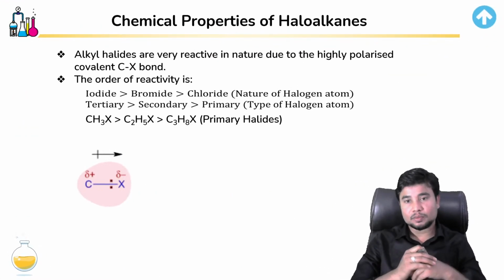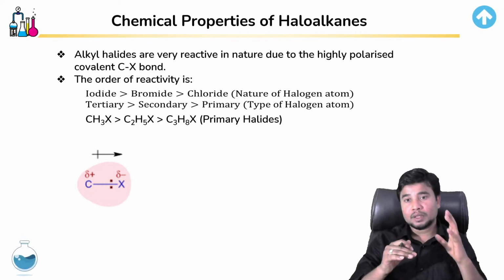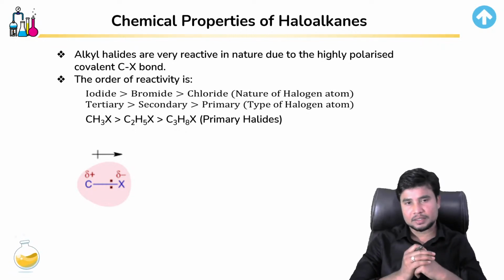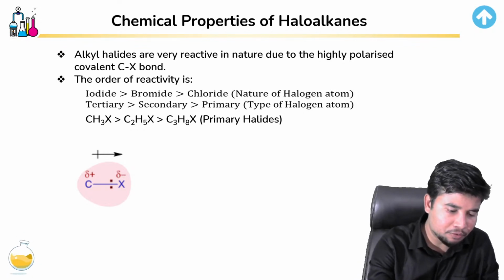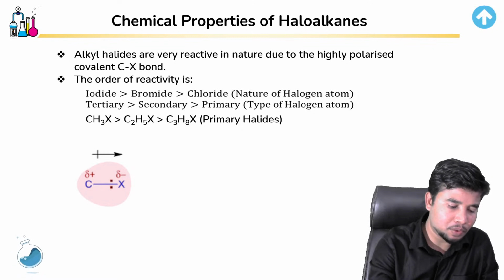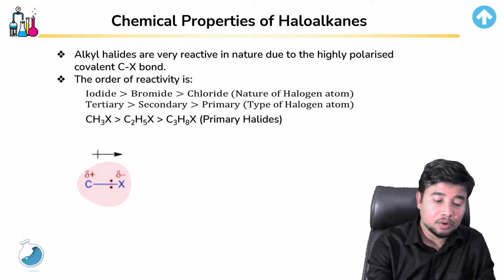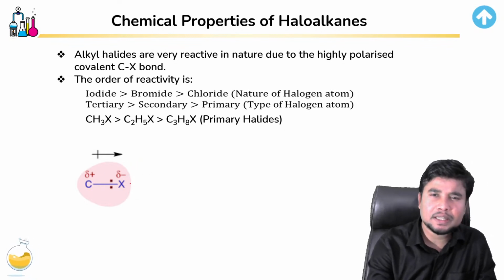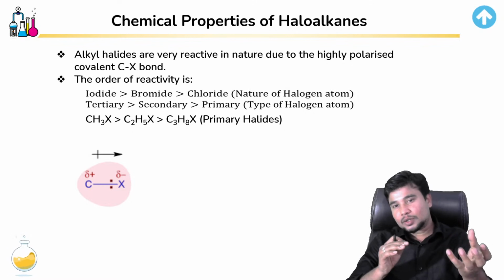The topic, as I was telling you, is the chemical behavior, the reactions of alkyl halides. You may remember that alkyl halides have a partial negative and partial positive charge distribution. If you look closely, the halogen here is an electronegative element.